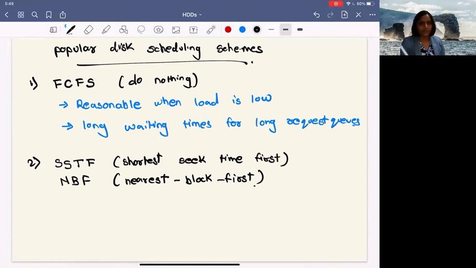And if we schedule the IOs on nearby tracks, then we spend less time in seeking.